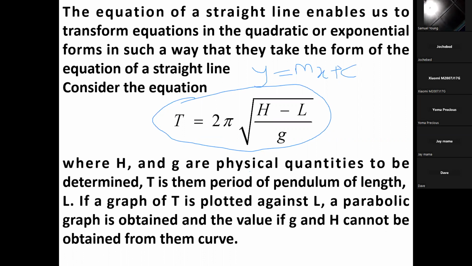L. So it simply means that you are plotting the graph of t against l. They said if a graph of t is plotted against l, a parabolic graph is obtained, and the value of g and l cannot be obtained from the curve.